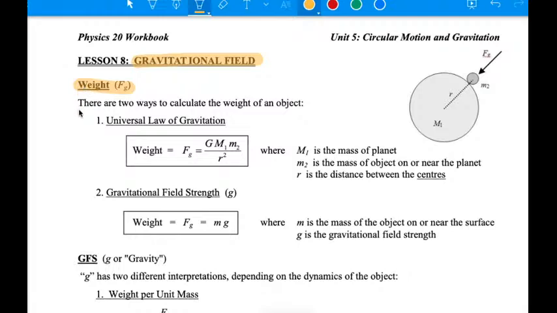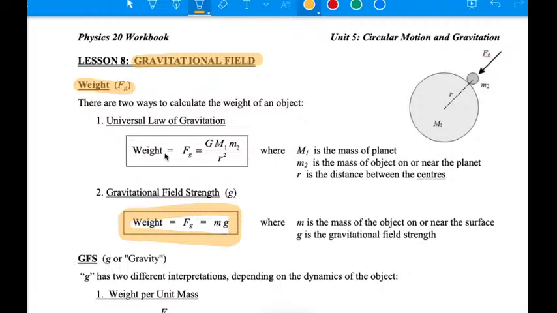So we can now calculate weight of an object in two different ways. This is what we have been doing all the way back from Unit 3, and this is what we introduced last class with Lesson 7.